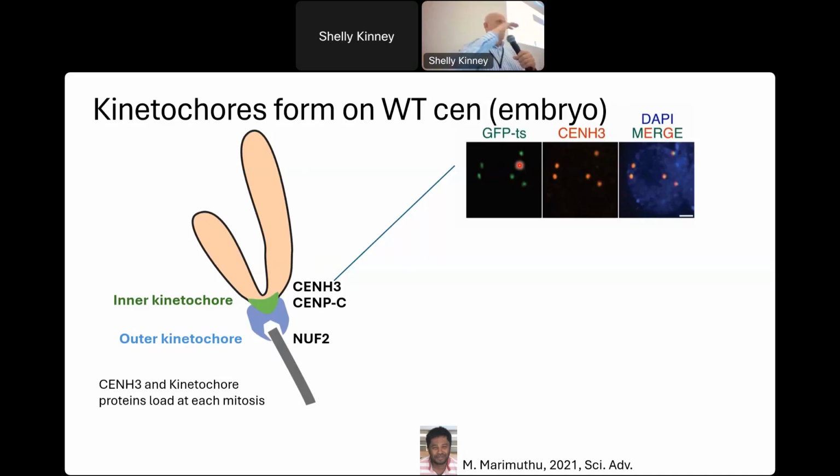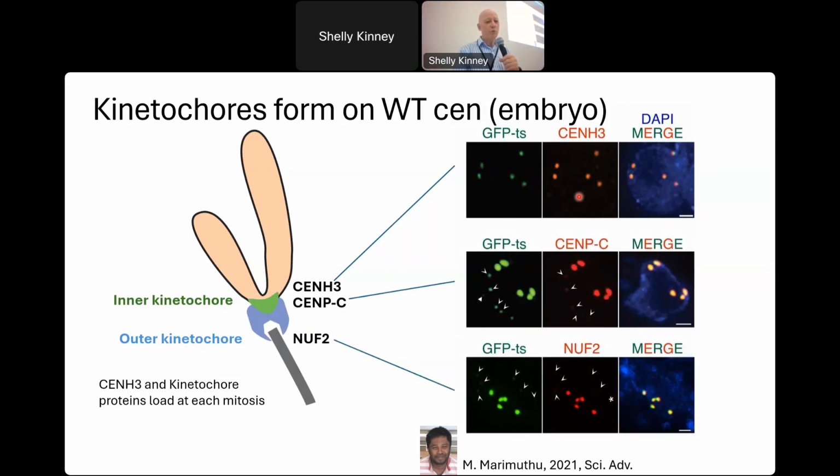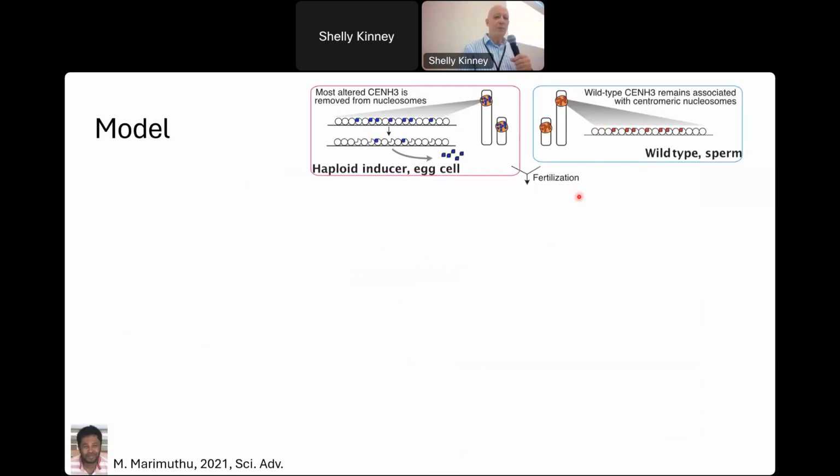Because remember, the GFP tail swap was stripped off, and both the GFP tail swap and the SNH3 are loaded only on the good wild type centromeres. That's the same for SMPC. It is the same for NAV2. So the kinetochore only forms on the good wild-type centromere.